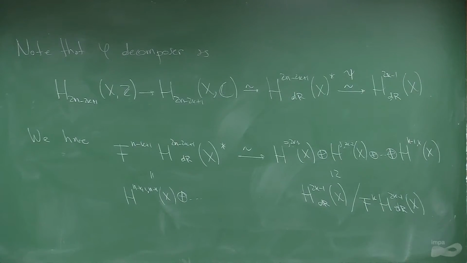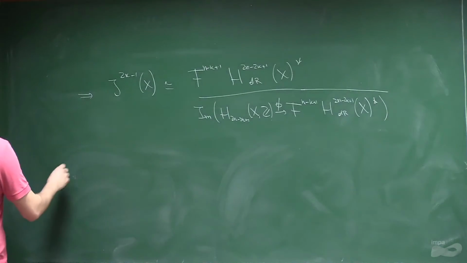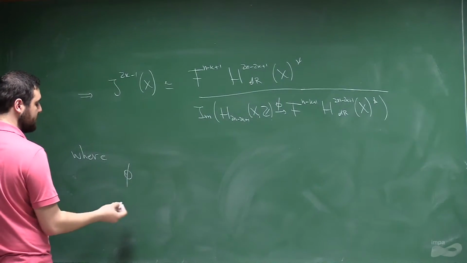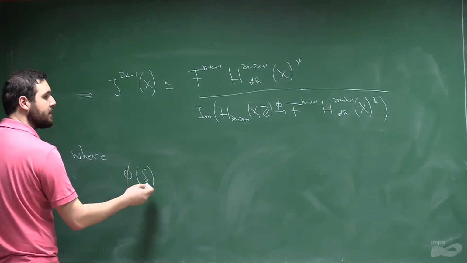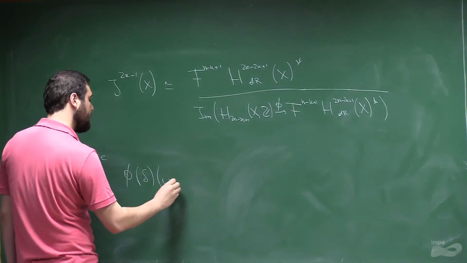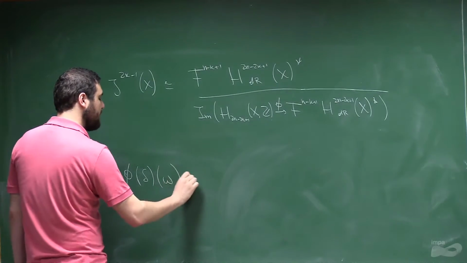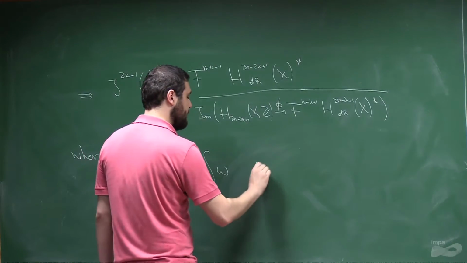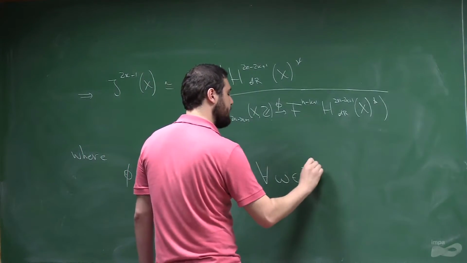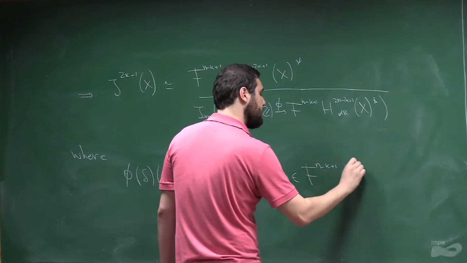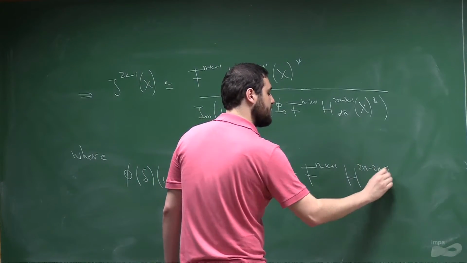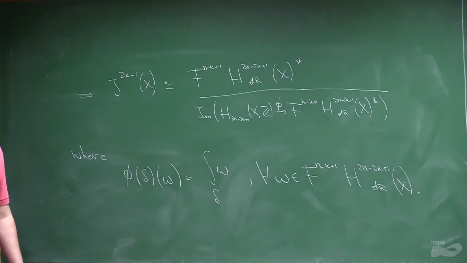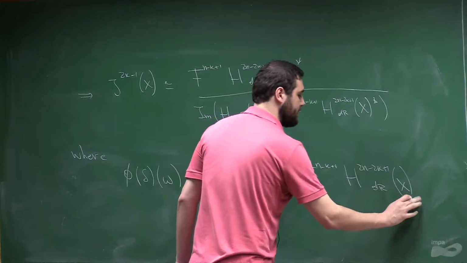Right, where this map, phi of delta, when we apply it to some omega form here, will be the integration map, for every omega in F^{n-k+1} of H^{2n-2k+1} de Rham of X, right? And for every delta.